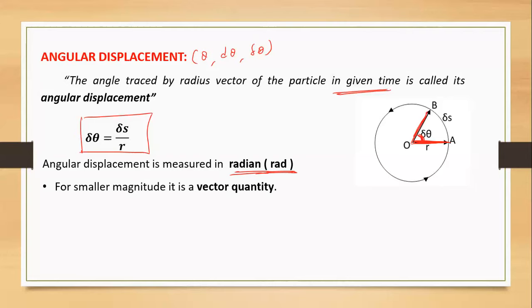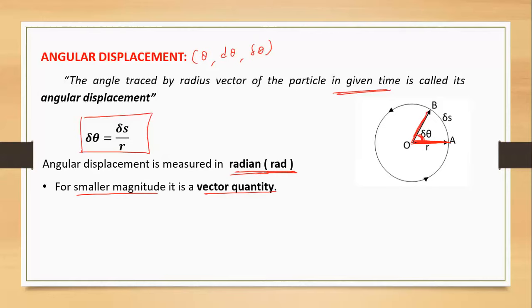Now whether it is scalar or vector, that we have to discuss. You remember, for smaller magnitude, it is a vector quantity. Means if angular displacement is infinitely small, then it is a vector.